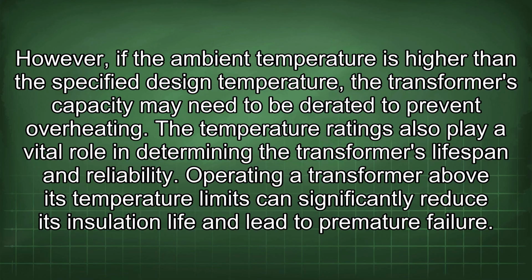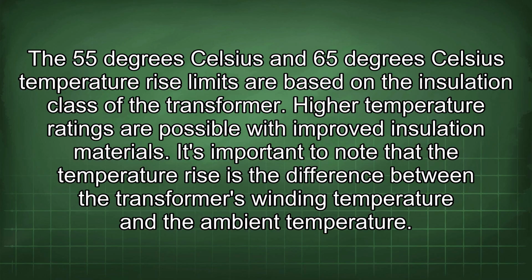Operating a transformer above its temperature limits can significantly reduce its installation life and lead to premature failure. The 55 degrees Celsius and 65 degrees Celsius temperature rise limits are based on the insulation class of the transformer. Higher temperature ratings are possible with improved insulation materials. It's important to note that temperature rise is the difference between the transformer's winding temperature and the ambient temperature.